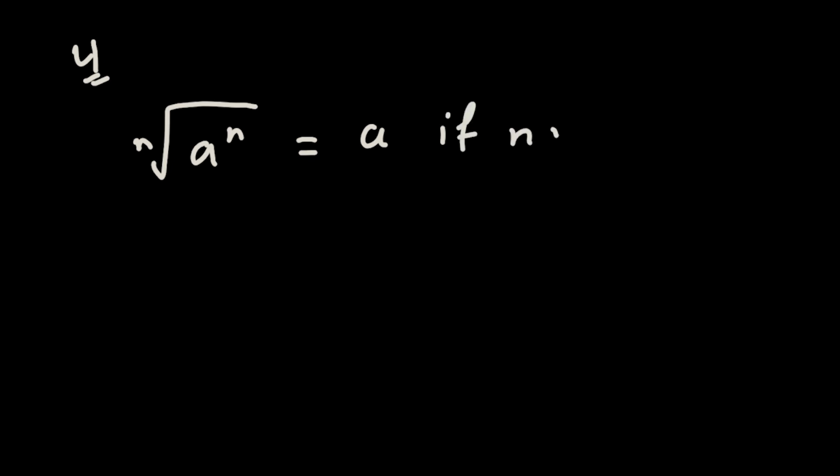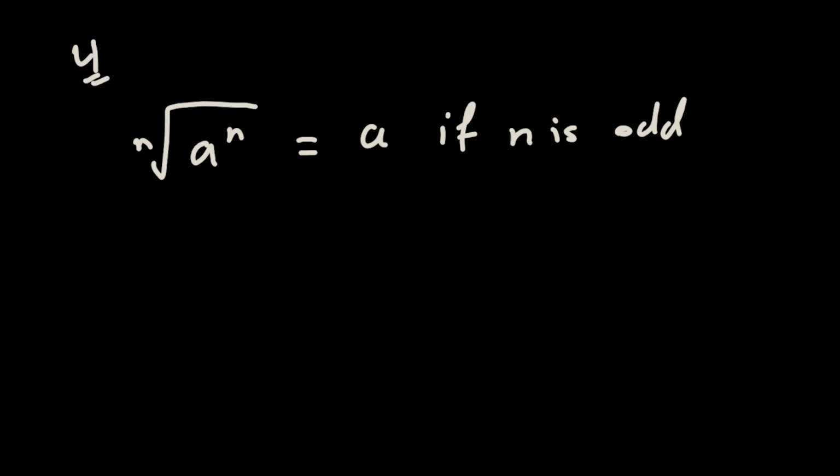So property number 4 says if we have the nth root of a to the power n, that would equal a if n is odd. Let's see.